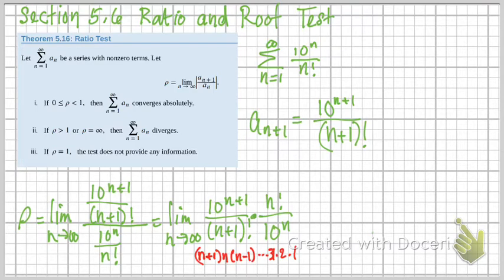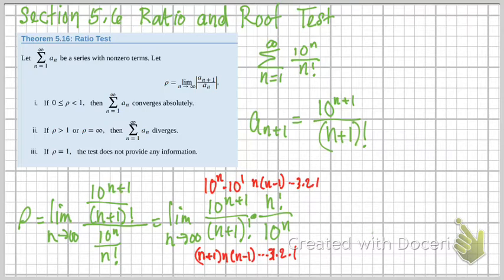Also I can break 10 to the n plus 1 down into 10 to the n times 10, because when I'm multiplying, I add my exponents, and this second 10 is really 10 to the first power. That's where I get the n plus 1.